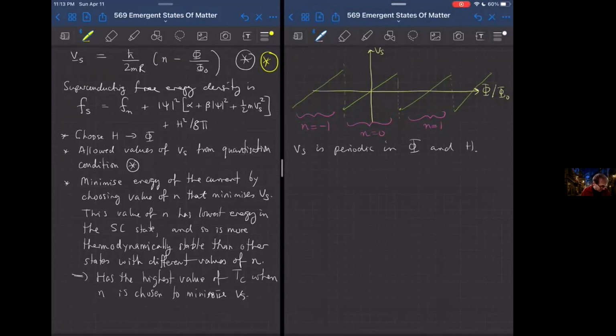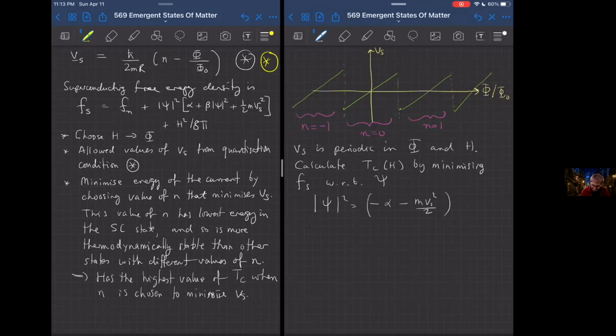So I can calculate what Tc of H is by minimizing the free energy with respect to the order parameter. And so that gives me that psi squared is equal to minus alpha minus m Vs squared over 2, divided by 1 over beta, just minimizing this function form over here.